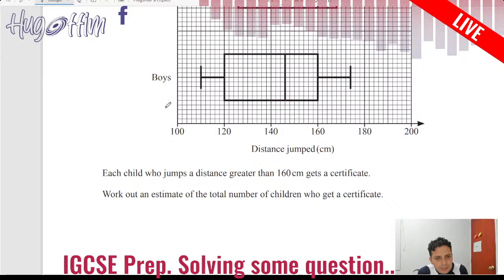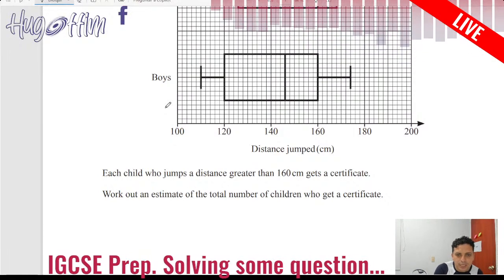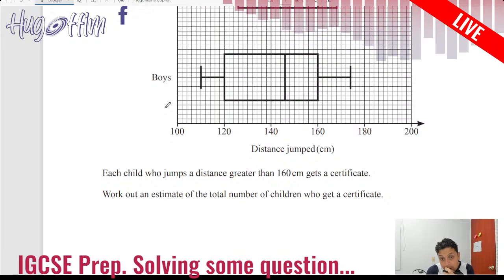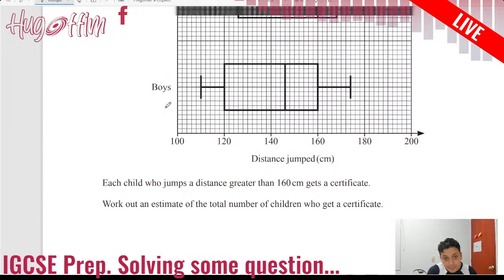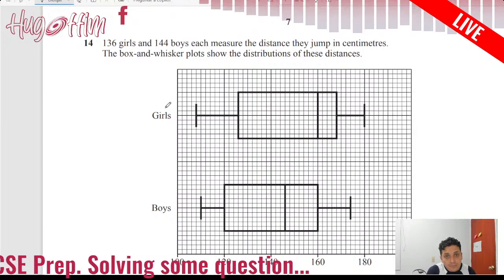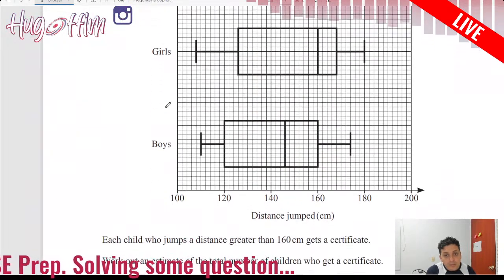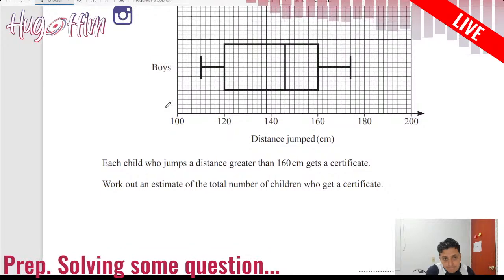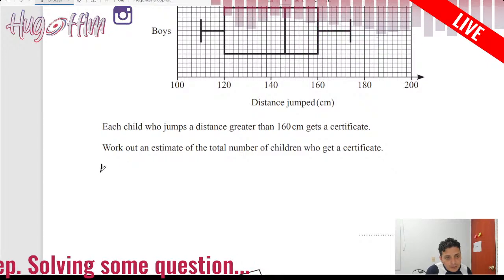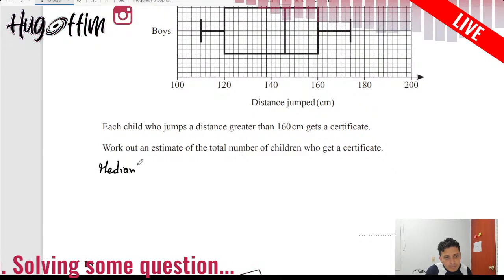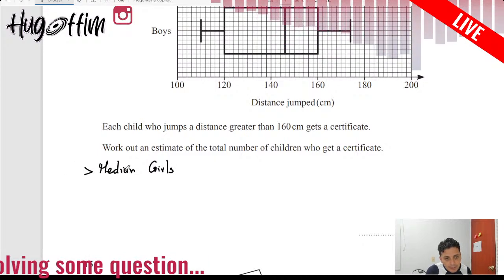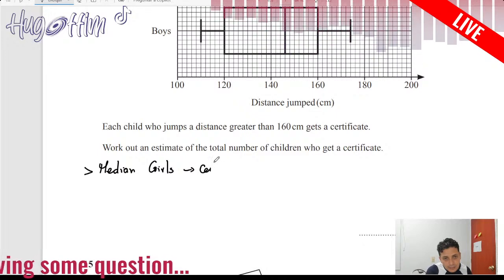Each child who jumps a distance greater than 160 centimeters gets a certificate. Work out an estimate of the total number of children who get a certificate. So what do we get? The girls at or greater than the median of the curve got the certificate.